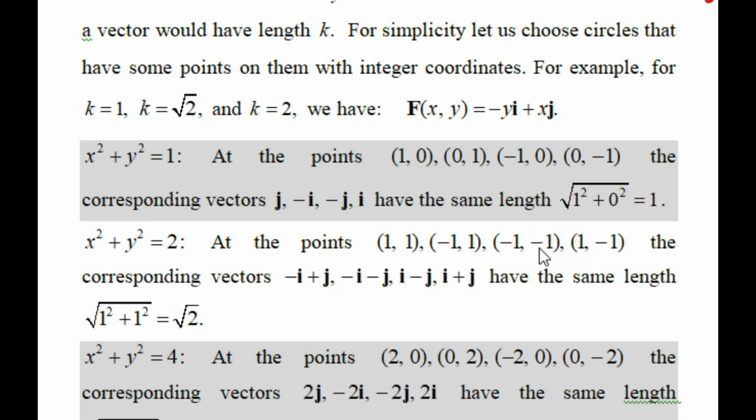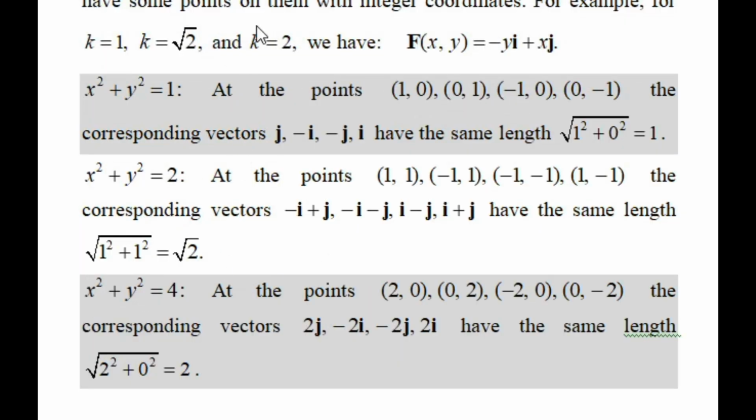Similarly, the other three points are (-1, 1), (-1, -1), and (1, -1). Putting these values into F of x y equals negative y i plus x j, the corresponding vectors are negative i plus j, negative i minus j, i minus j, and i plus j. So it gives the same length, root 2.